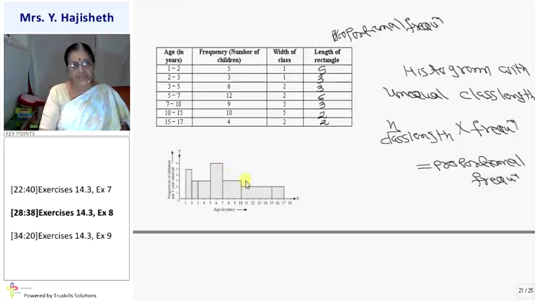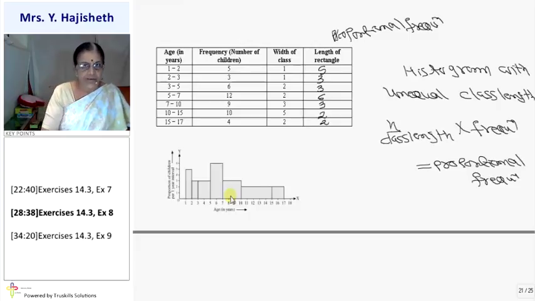So this is a histogram having rectangles of different width, okay, because classes are of unequal class length, but their area is proportional, because area is width into length and length is proportional, so area is proportional. So this is the histogram with unequal class length.